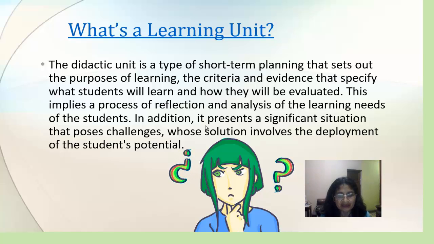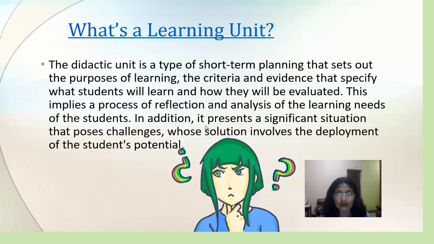Okay, and here we can find the purposes of the learning, the criteria, the evidences, the activities, and the evaluation, how we are going to evaluate everything that we have planned here in this learning unit through a process of reflection and analysis based on our students' learning needs.